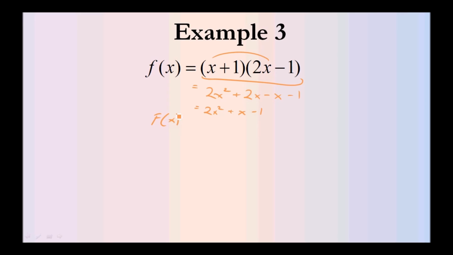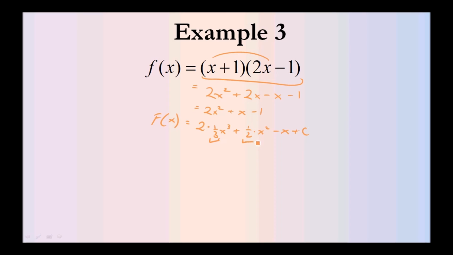Anti-deriving to get big F of x, we get 2 times 1/3 x cubed plus 1/2 x squared minus x plus c.